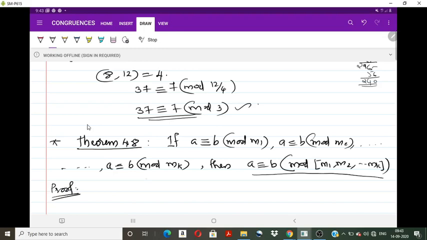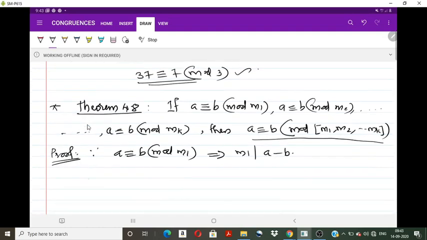Given that A is congruent to B modulo M1, since A congruent to B modulo M1, we have M1 divides A minus B by the definition.